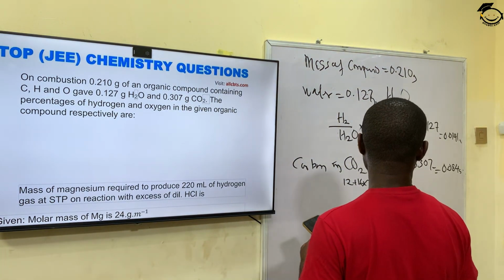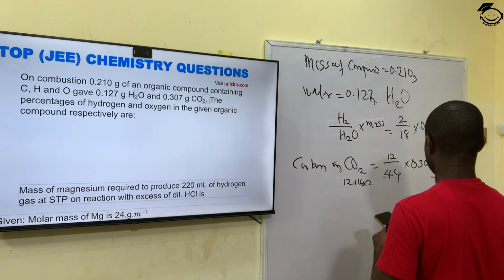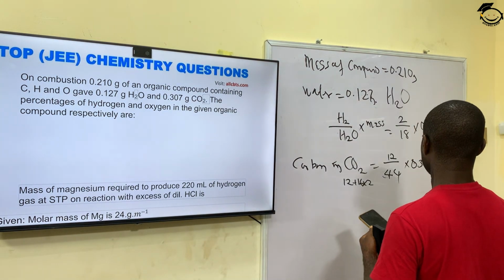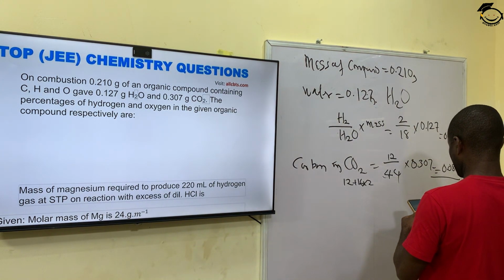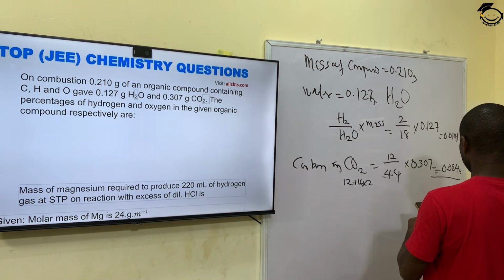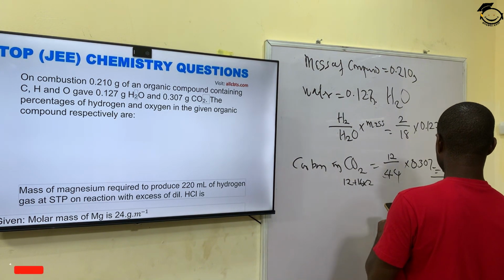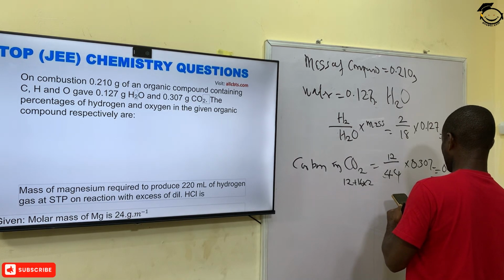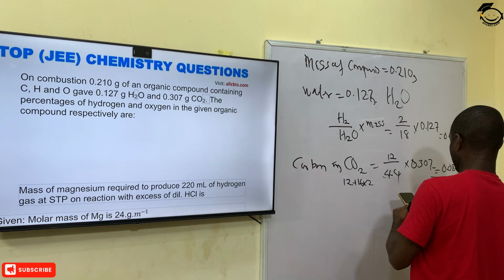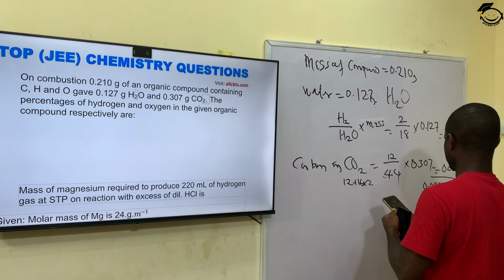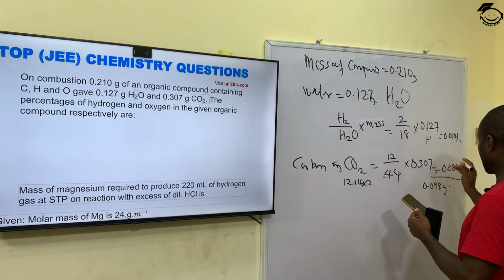By the time we sum together the mass of carbon and hydrogen, plus 0.0141, it gives us 0.098 gram. So this is the mass of both hydrogen and carbon.